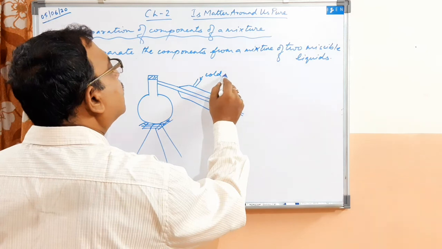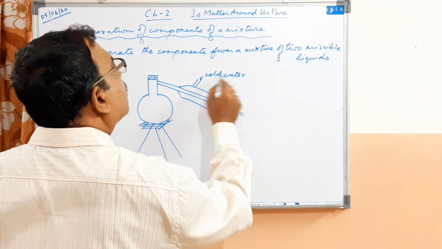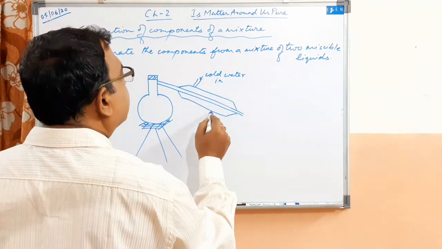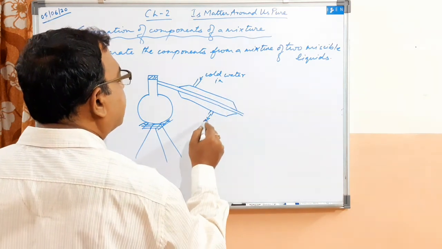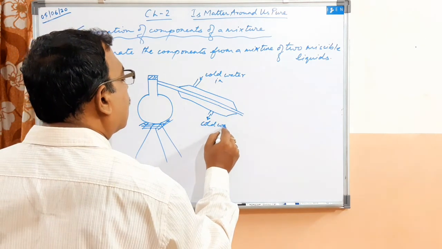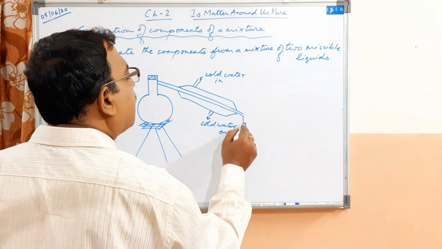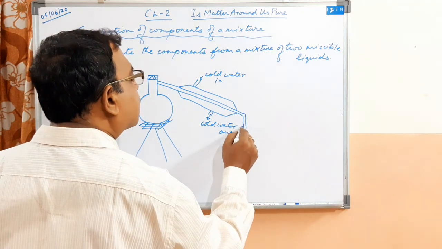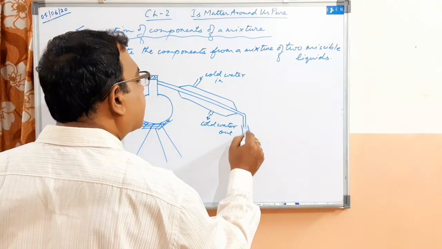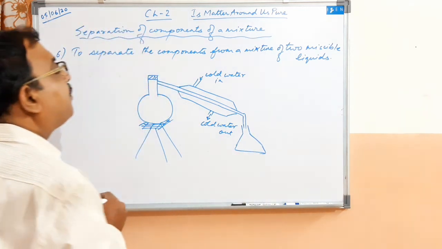Through one end, cold water in, through the other end, cold water out, and then this comes and it is collected in a conical jar.